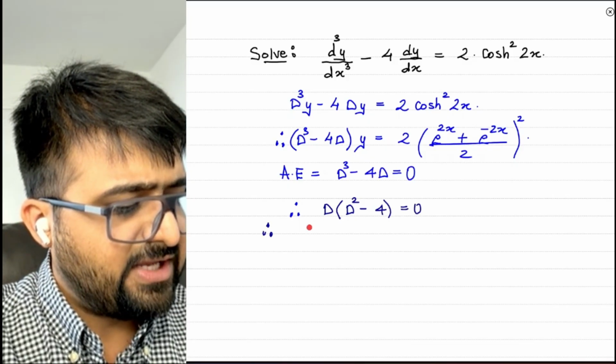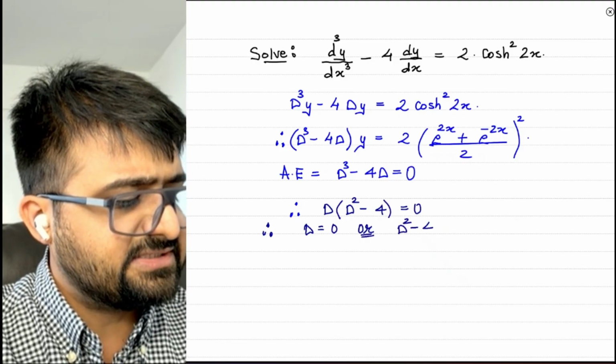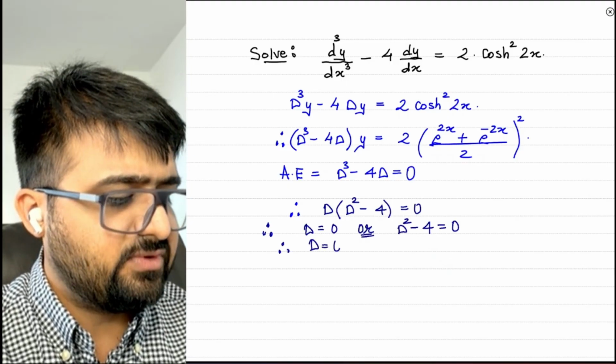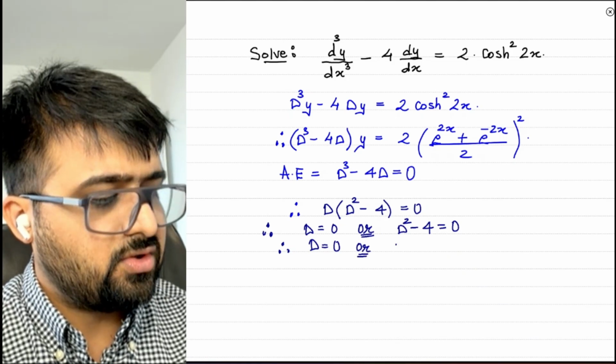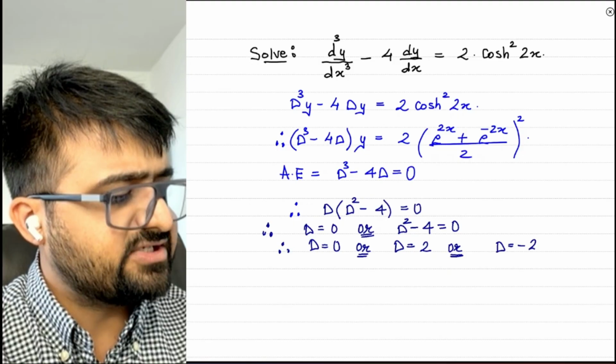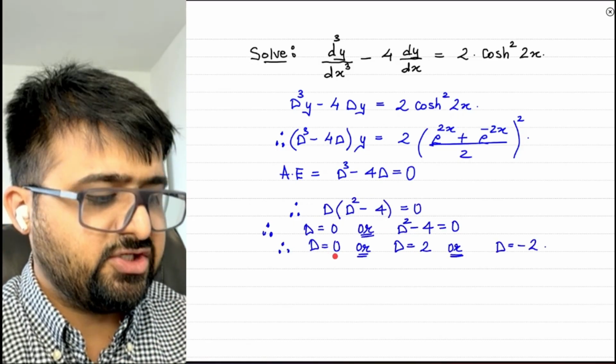Therefore, we have either D is equal to 0 or D square minus 4 is equal to 0, so D is equal to 0, D is equal to plus 2, or D is equal to minus 2 by solving this quadratic. Now we have three unique rational values.